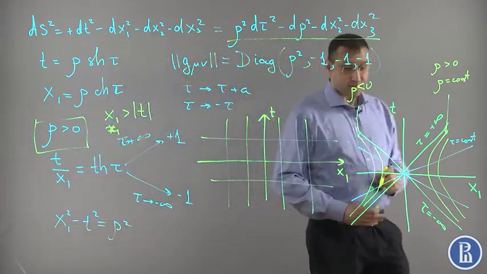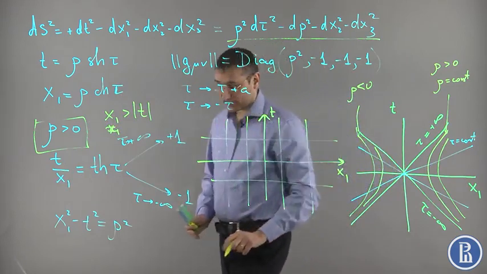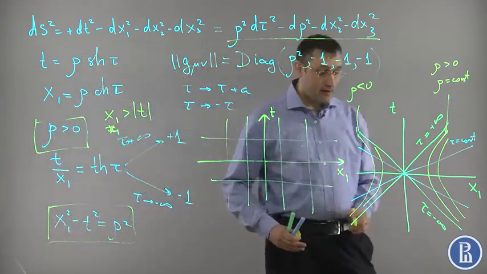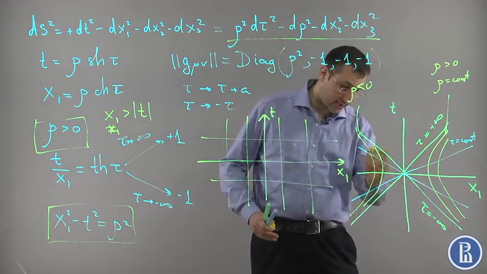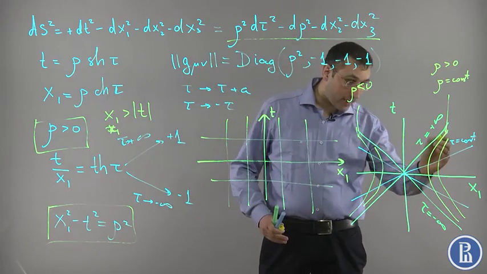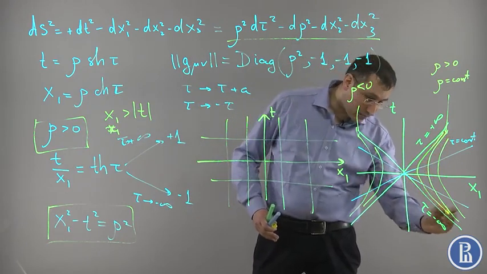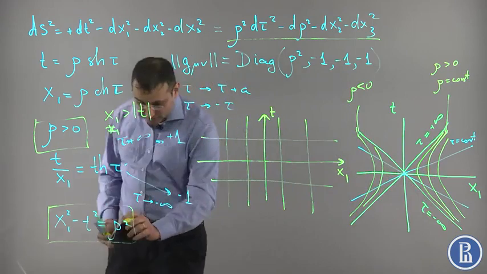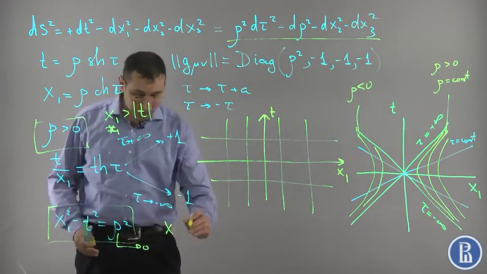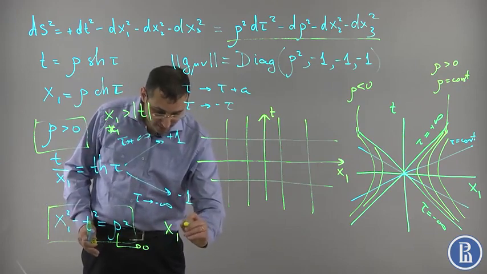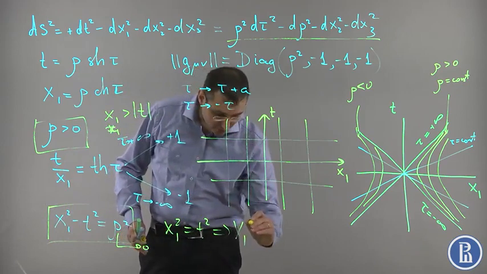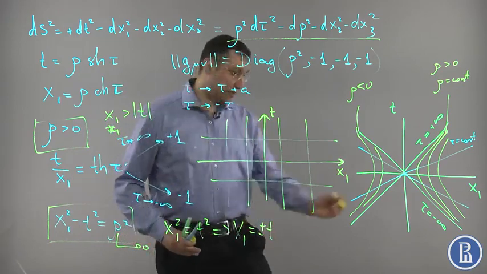It is important to stress that all of these hyperbolas for different rho have the same asymptotes, which are just these lines. And when rho becomes smaller, the hyperbola becomes closer to the asymptote. And as rho goes to 0, the hyperbolas degenerate to the two lines x1 squared equals t squared, that is, x1 equals plus or minus t, which are exactly the same lines.